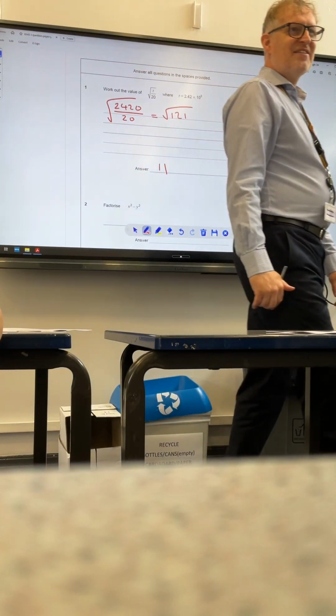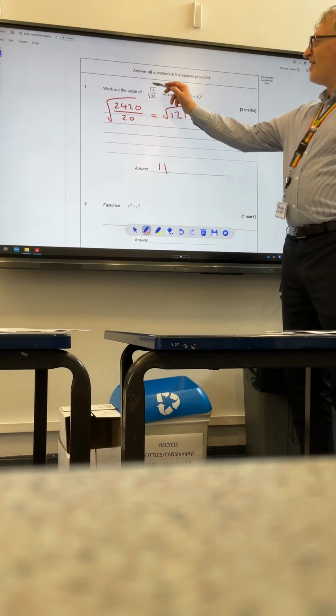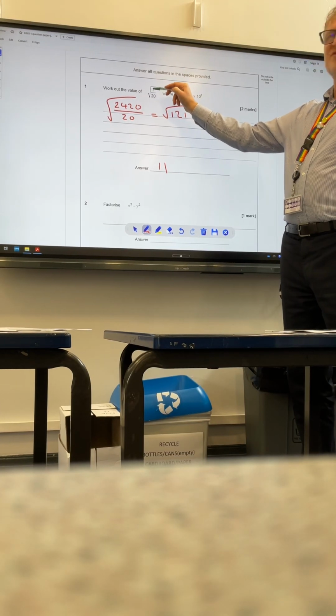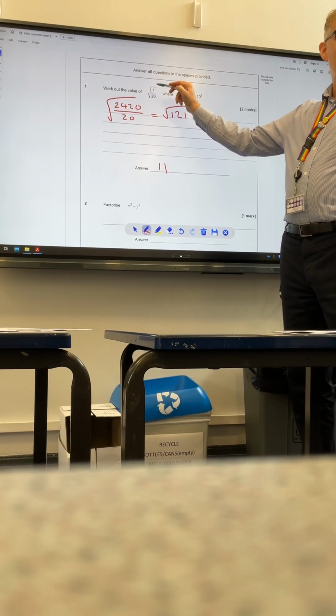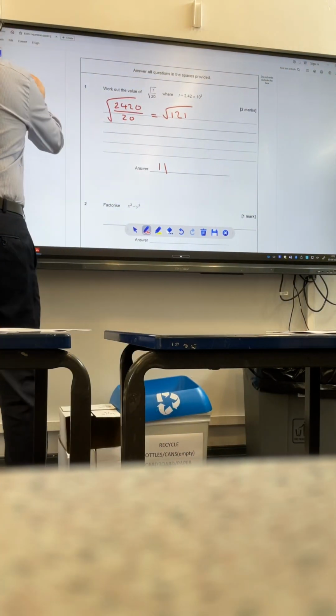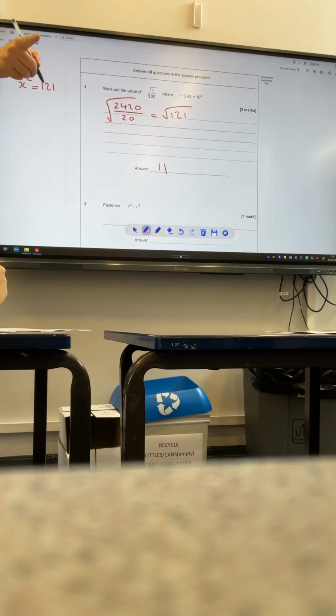Nice. Plus or minus? Oh no, there's no plus or minus on there. If there's no plus or minus, you just need the positive. The difference is, if it said x squared is 121, what's x, then it's plus or minus.